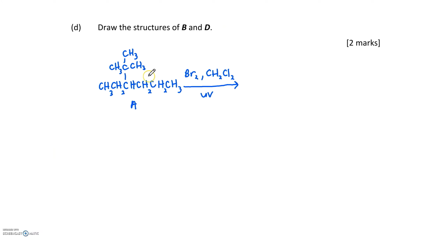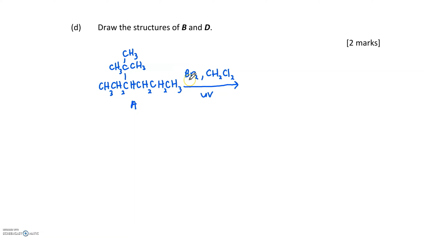For question 2d, we are asked to draw the structures of B and D. So B comes from the monobromination of compound A, and D comes from the bromination of compound C. A monobrominated product means that only one bromine has been substituted. So one of the hydrogen atoms in compound A will be replaced by a bromine atom.